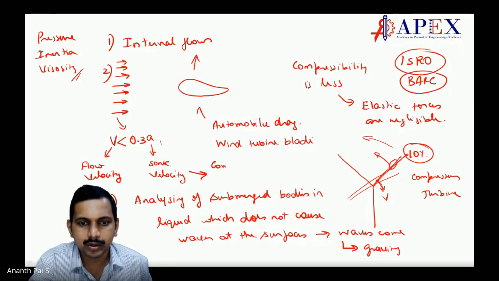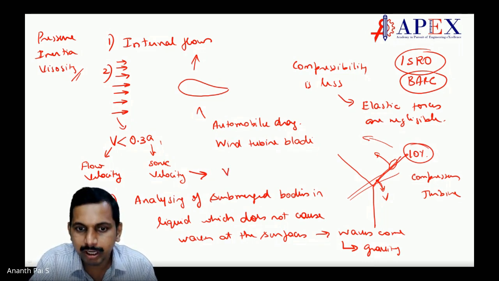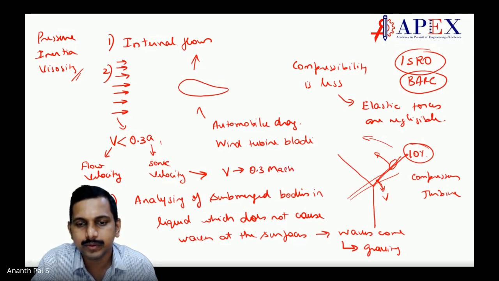Compressibility of airflow can be neglected when the velocity of the automobile is less than 0.3 Mach. Very important.